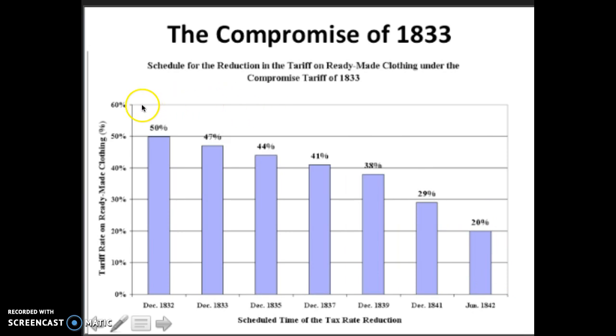So in 1832, the tariffs were up to 50%. For the next 8 years, they were gradually going to go down to please Southerners like South Carolina and avoid secession. And because of the Compromise of 1833, war is avoided, at least for now. But this was the second issue that Andrew Jackson had to deal with.